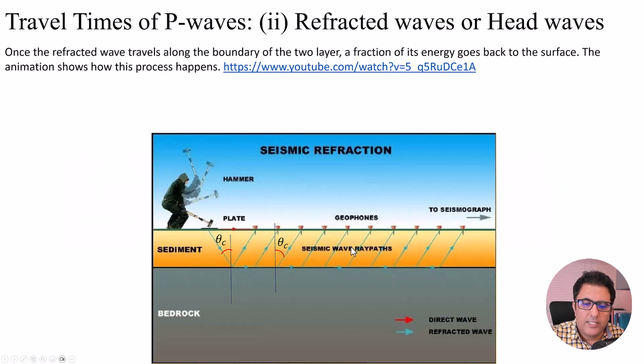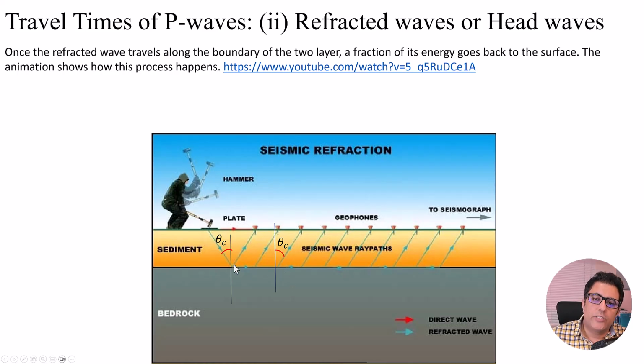Now let me explain it better in this image. Once we, for example, hit the plate with a sledgehammer, the seismic wave travels, and you see this is how a refracted wave travels indeed. The refracted wave travels along the boundary between the two layers, and while it is traveling, it radiates a fraction of the seismic energy to the surface with the same incident angle.